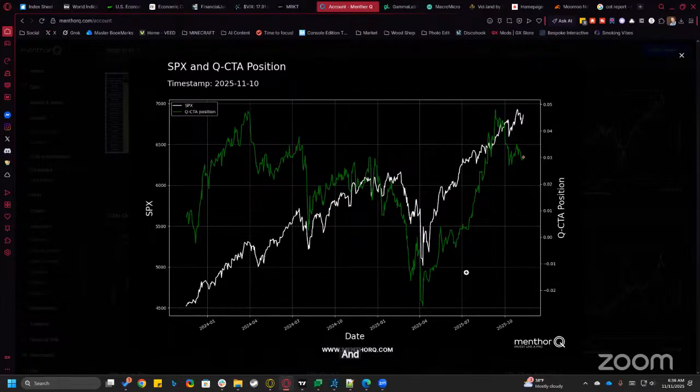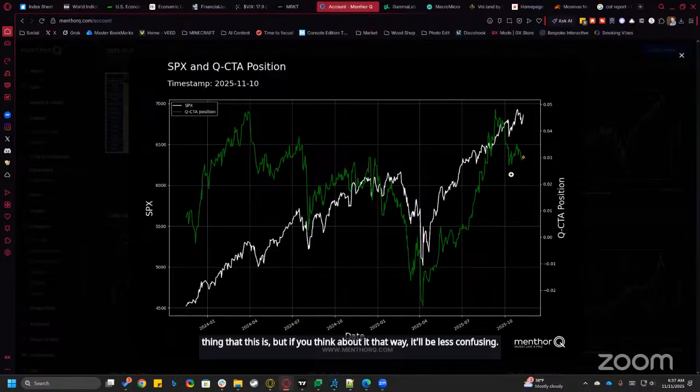And the easiest way to understand this chart, the green line is the CTA's position. Think of it as how much of the market are they holding long? That's not the actual real thing that this is, but if you think about it that way, it'll be less confusing. How big is their position?